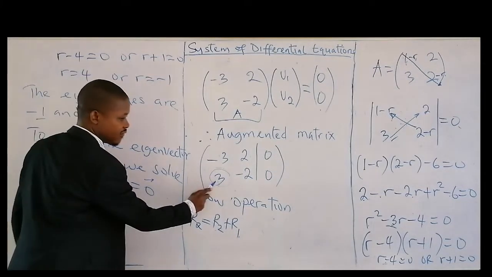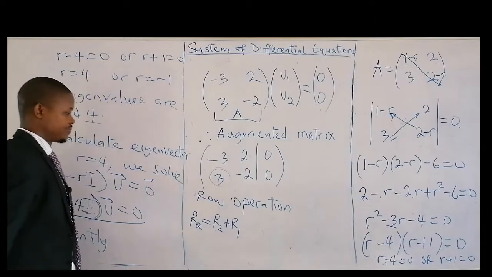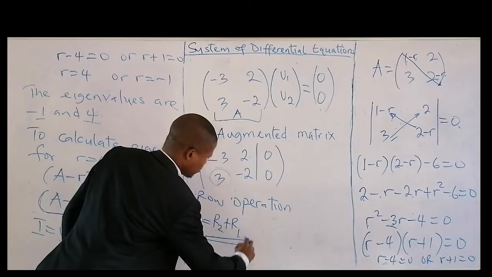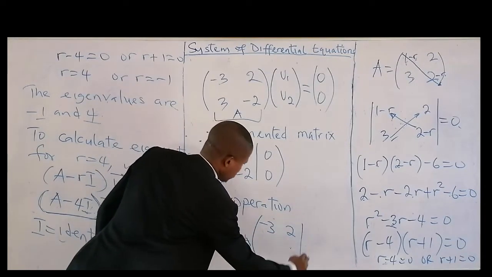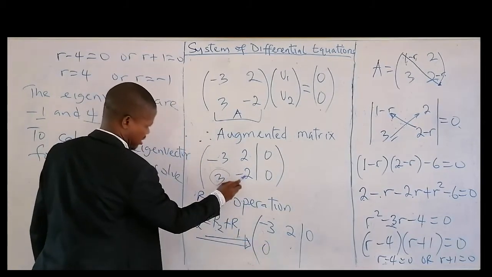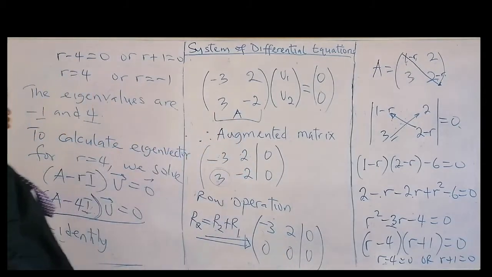And that will be equal to minus 3, 2, 0. Then this one plus this one, 0. This one plus this one, that's 0. Okay? So that's what we have now.